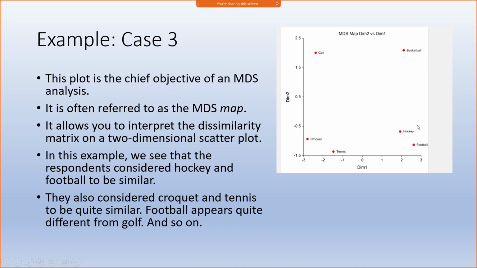So what the subject will do is compare, or rate the similarity between golf and cricket, golf and tennis, golf and hockey, golf and football, golf and basketball. Basketball with golf, basketball with hockey, basketball with football. They have to rate similarity for each pair, and then you can map the pairs on this map, which has dimension 1 and dimension 2, a 2D map.